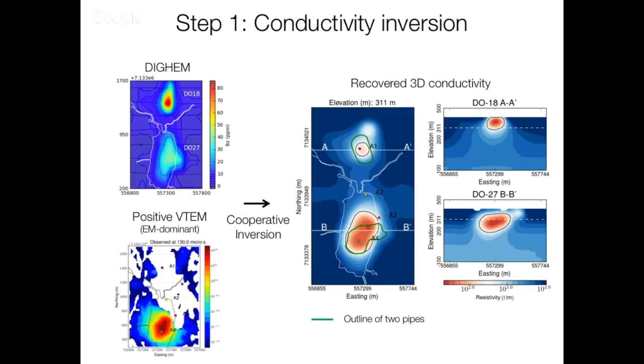We actually had the ability, because we had the DigHem data, we could invert the DigHem data. And what we did was use a kind of cooperative inversion method to invert both the DigHem data and the positive VTEM data.